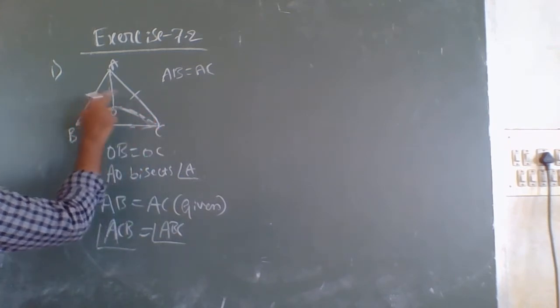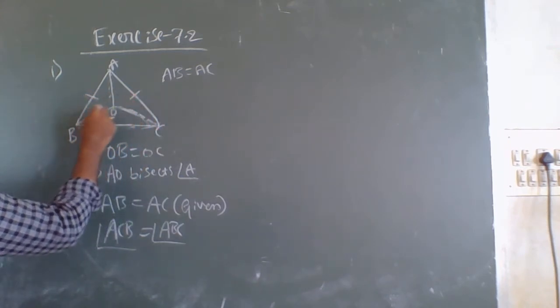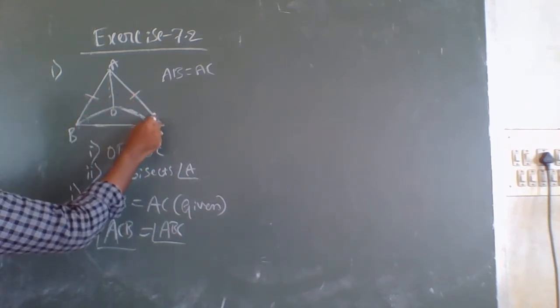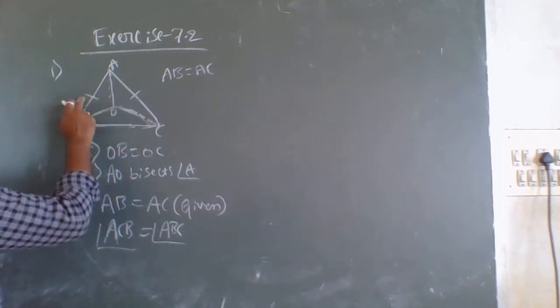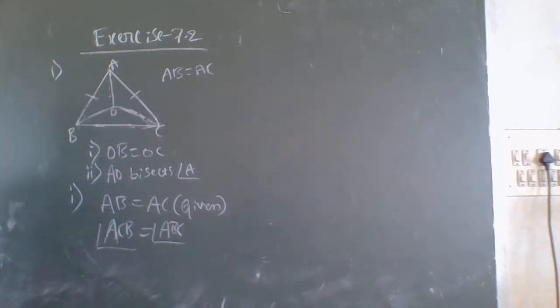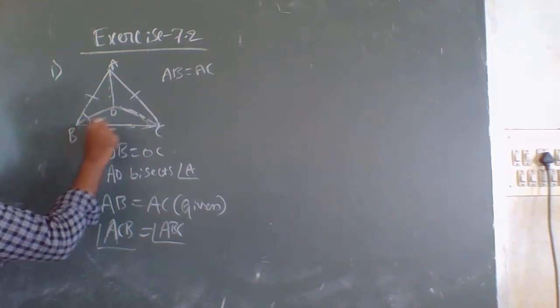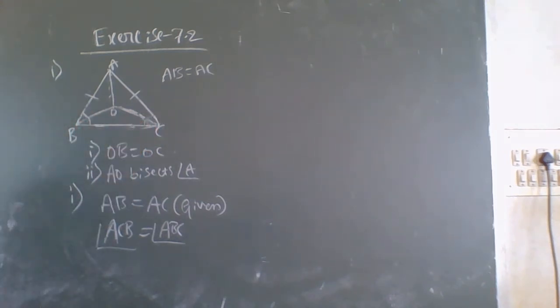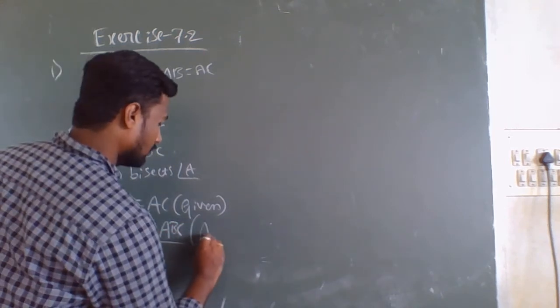They have given AB is equal to AC. Therefore, opposite angles B and C, these two, are opposite to these two equal sides. Therefore, this angle and this angle are equal to each other. Therefore, angles opposite to equal sides are equal.